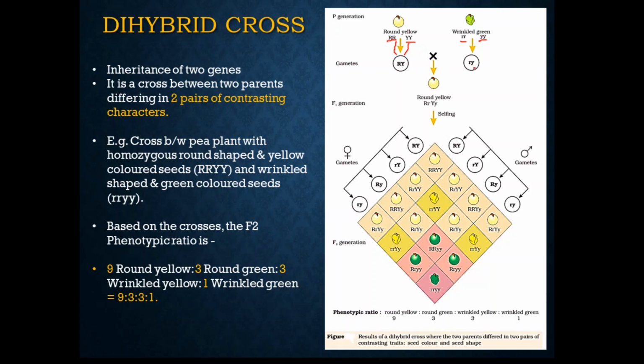These gametes come together and fertilize to form the F1 generation, a new plant, which gives rise to seeds, and the seeds formed are round and yellow.